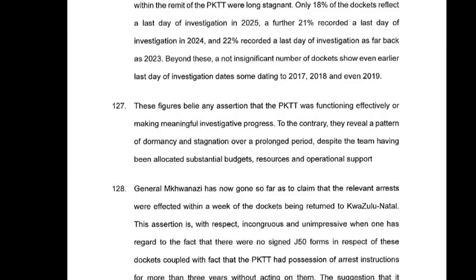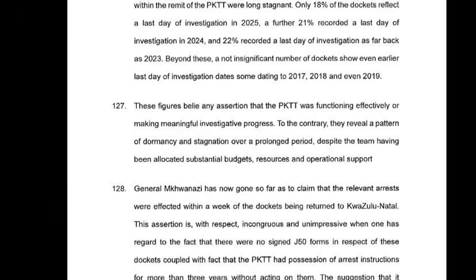This assertion is, with respect, incongruous and unimpressive when one has regard to the fact that there were no signed J50 forms in respect of these dockets, coupled with the fact that the PKTT had possession of arrest instructions for more than 3 years without acting on them. The suggestion that it suddenly acted with exceptional efficiency once the dockets were returned to KZN is implausible and calls into question the credibility of that claim.